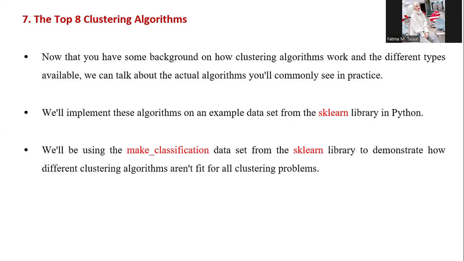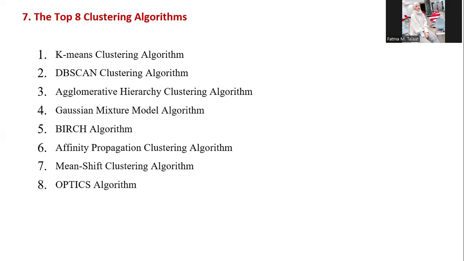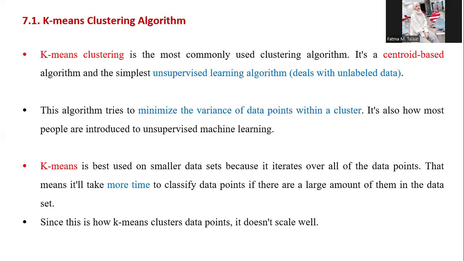We'll be using the make classification dataset from the sklearn library to demonstrate different cluster problems and clustering algorithms: agglomerative hierarchy clustering, BIRCH algorithm, affinity propagation clustering algorithm, mean shift clustering algorithm, OPTICS algorithm. We will explain each of them, starting with K-means.